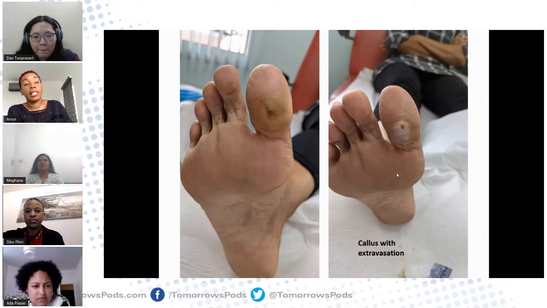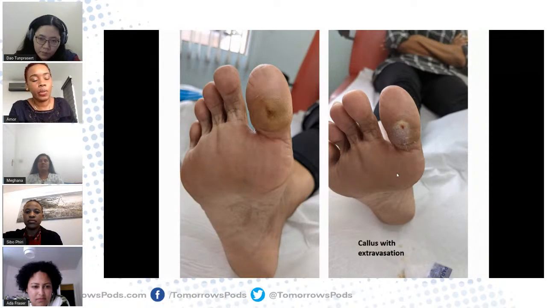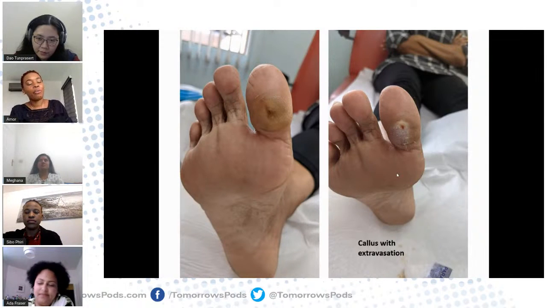Yeah, and that's where history comes into play a lot, especially with darker complexions where things may not be as obvious as in a lighter complexion. History is everything. Sometimes you can take a history without even looking at the person, and you can picture what they're going to tell you is going on with their foot. So for students, I would encourage you to get a detailed history.